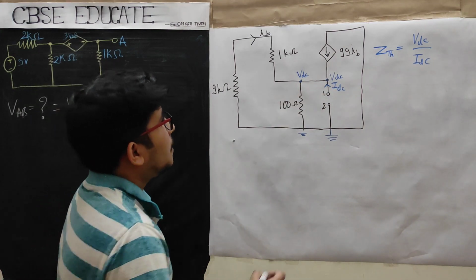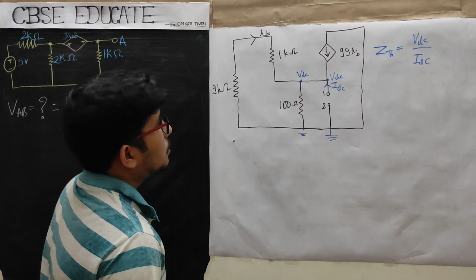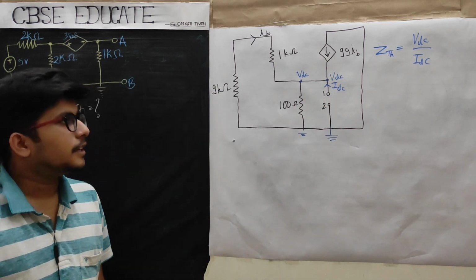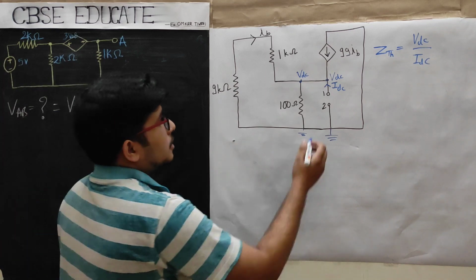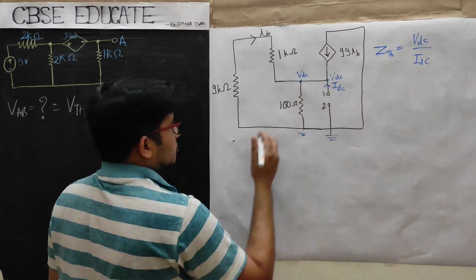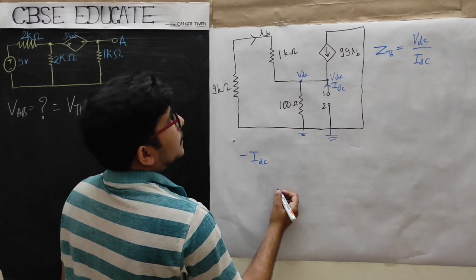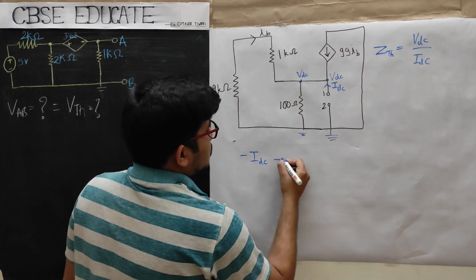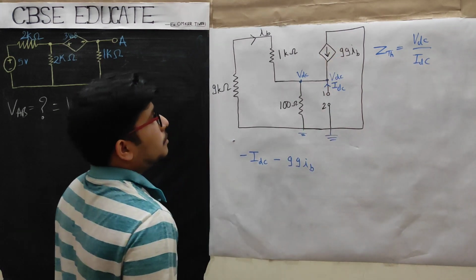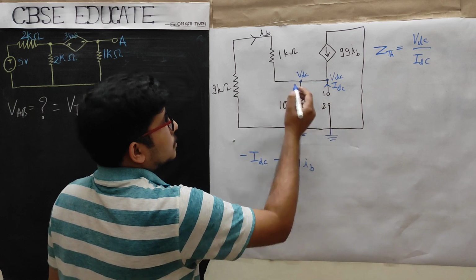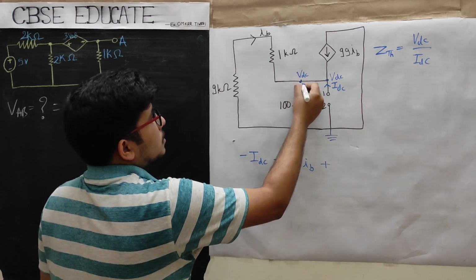Now applying nodal analysis at this point. I am considering all incoming current as negative and all outgoing current as positive. So incoming current is IDC here, so I will write minus of IDC, and minus of 99 IB, which is also incoming. The outgoing current is this one, so this current will be divided into these two parts.